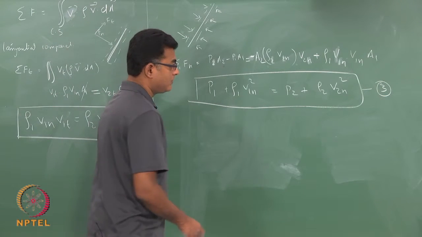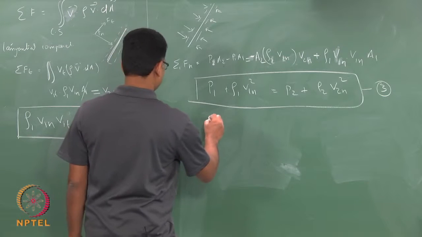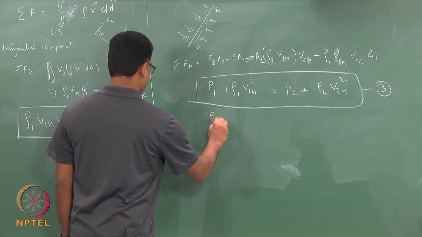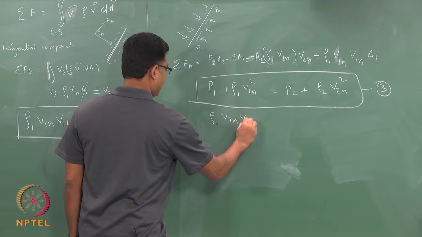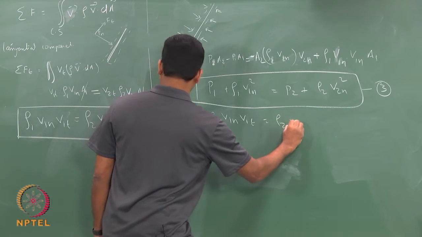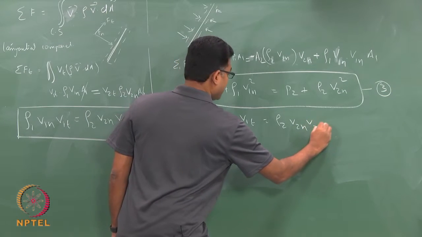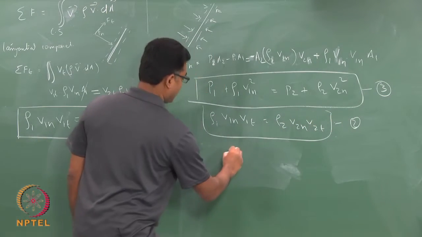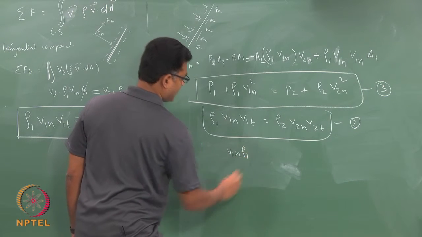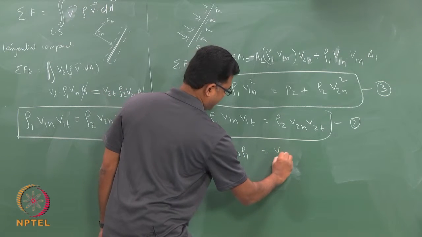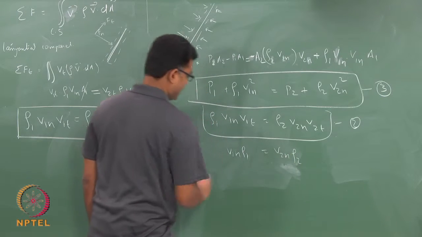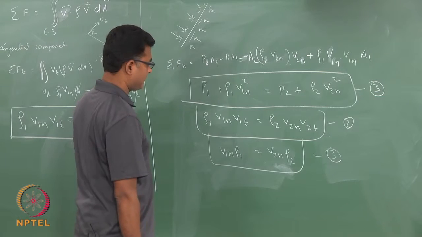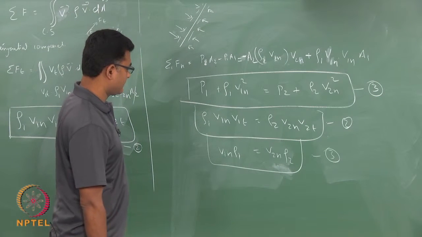So, I will write down the equations here. Rho 1 V1n V1t equals rho 2 V2n V2t, that is my equation 2, and V1n rho 1 equals V2n rho 2, that is my mass conservation, which is my equation 1.